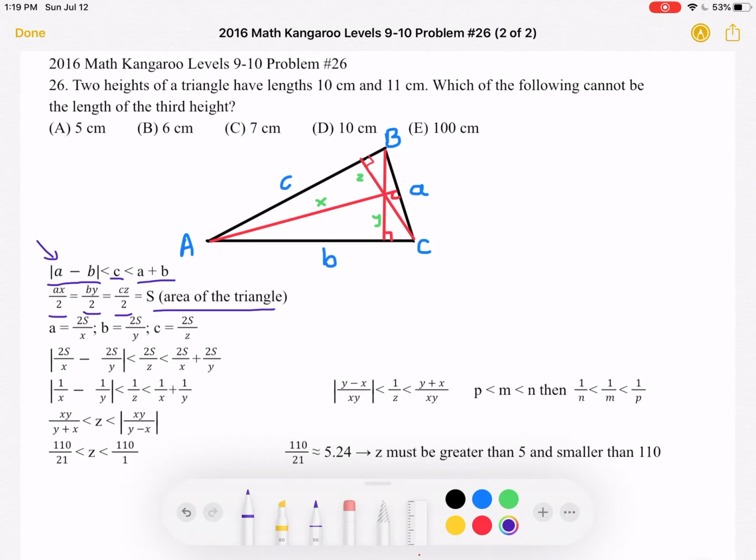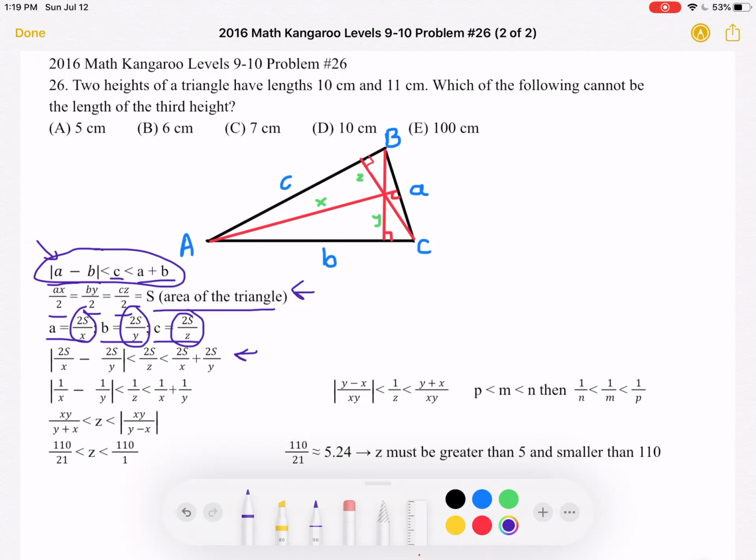So we know that a is equal to 2S over x if we solve using this equation, b is equal to 2S over y, and c is equal to 2S over z. So now, like I said, we're going to replace a, b, and c with these values. And this is what we're going to get.